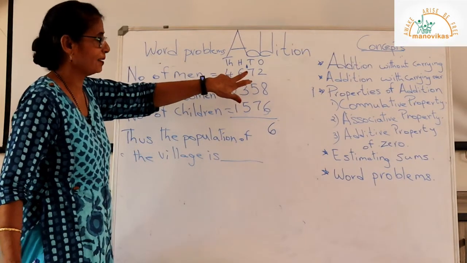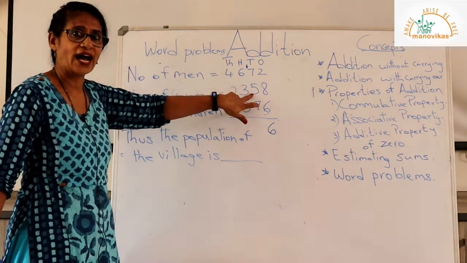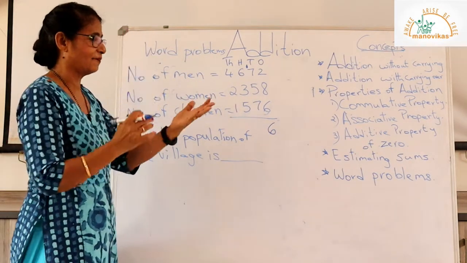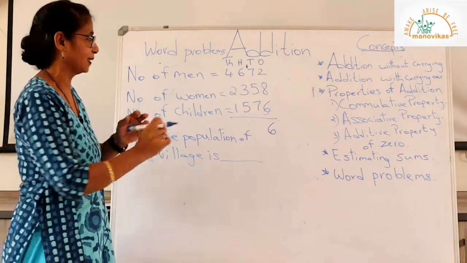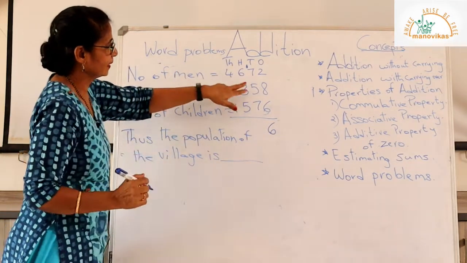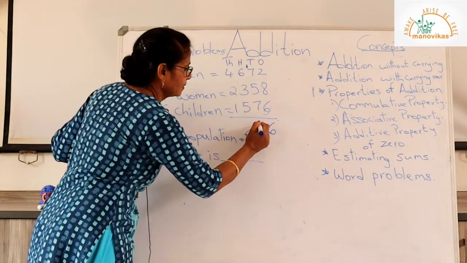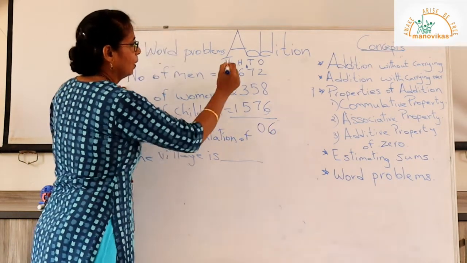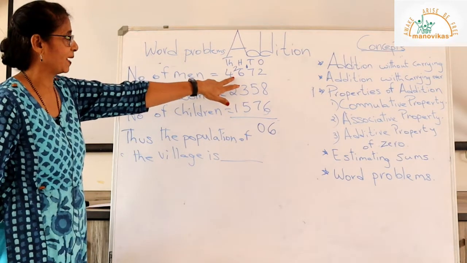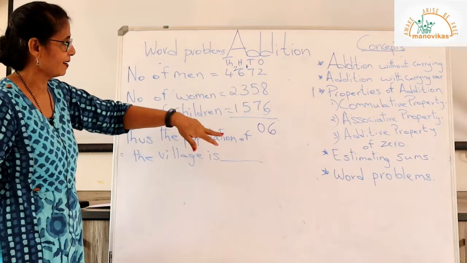So 7 plus 1 makes 8. 8 plus 5 makes 13. When we count 8 in the mind and 5 on your fingers, we get 13. 13 plus 7 will give us 20. So you put a 0 and you put 2 in the hundreds place.